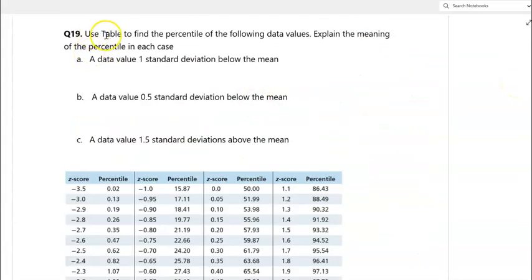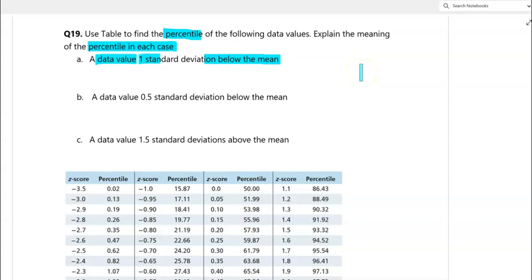Okay, use the table to find the percentile. The percentile is the same as percentage. Find the percentile of the following data values, and explain the meaning of the percentile in each case. Our data value is 1 standard deviation below the mean.